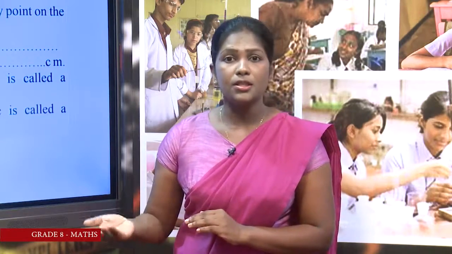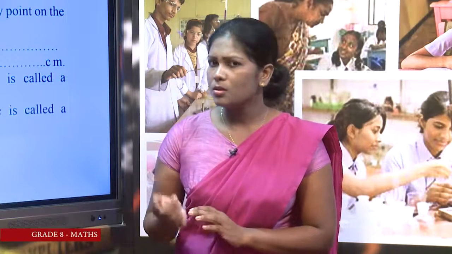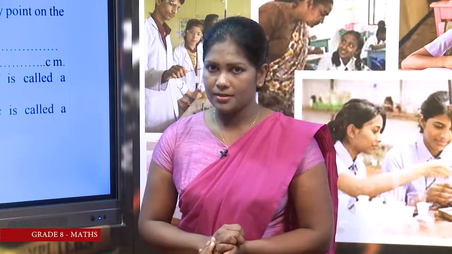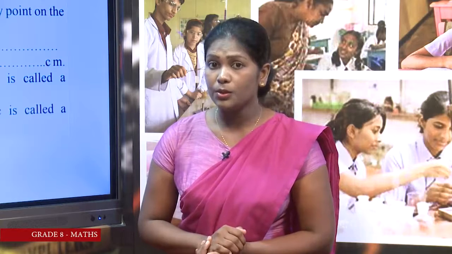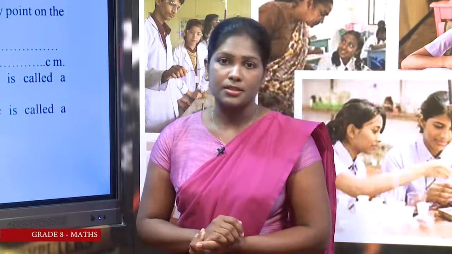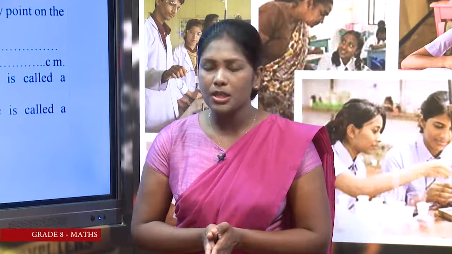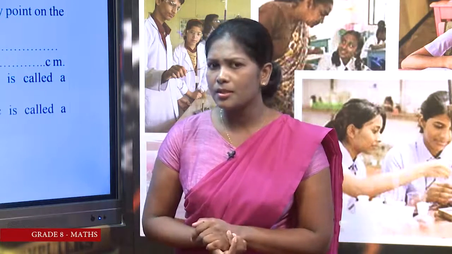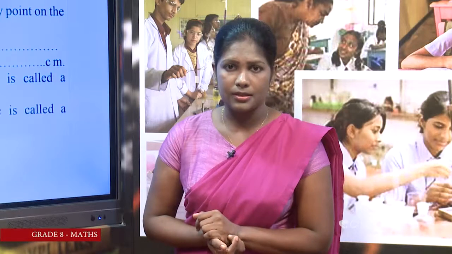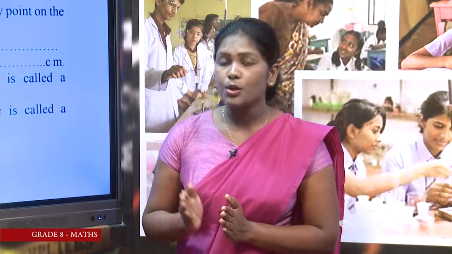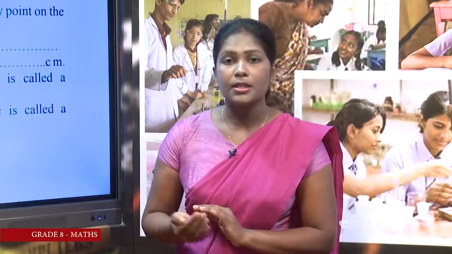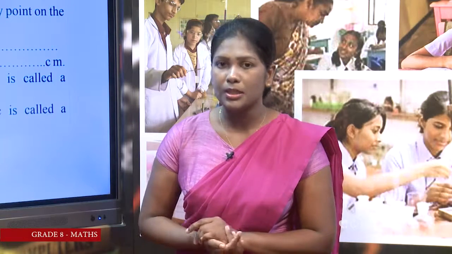Then diameter is 200 millimeters. So, what is the value of radius? Yes, radius equal to 100 millimeters. 200 divided by 2, you can obtain 100 millimeters. But the question asks about it in centimeters. Yes, then you have to convert that 100 millimeters into centimeters.